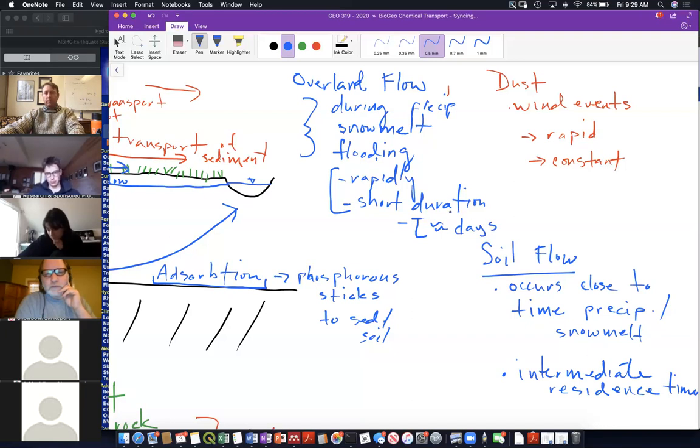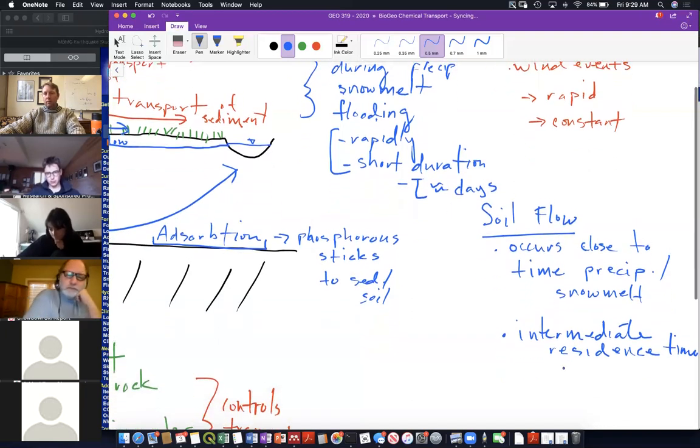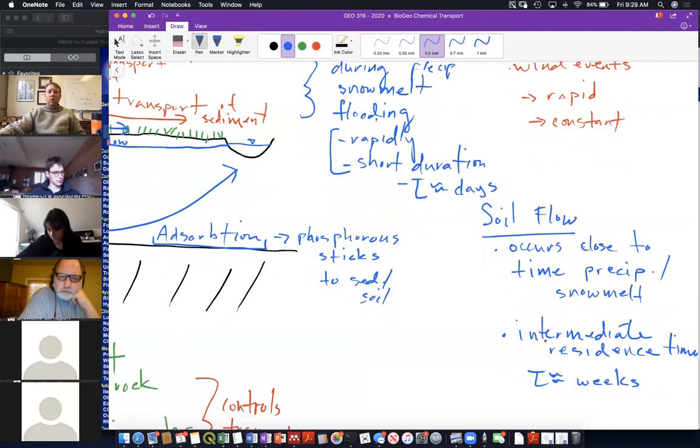Soil flow has a residence time on the order of weeks. All right, so we get a big precip event. We will have soil flow contributions to our river for the next couple weeks. Well, what does that mean?